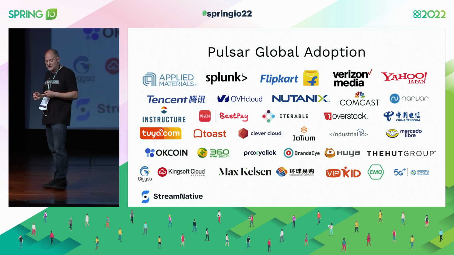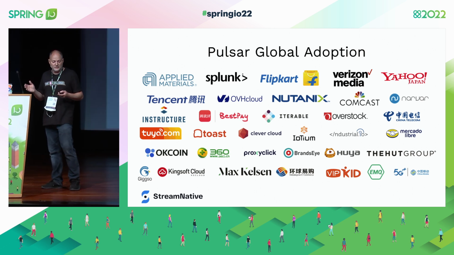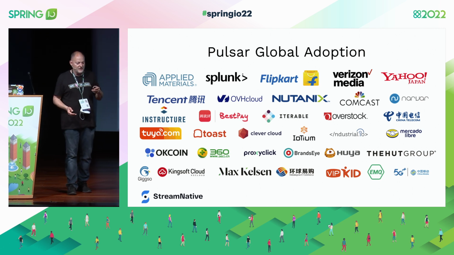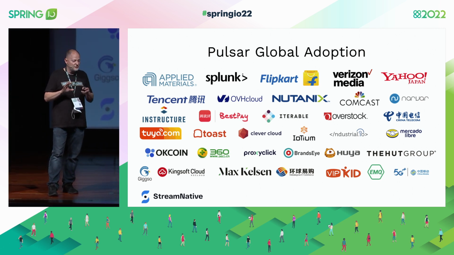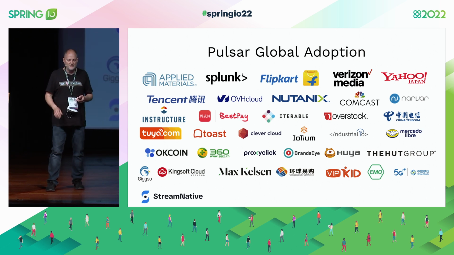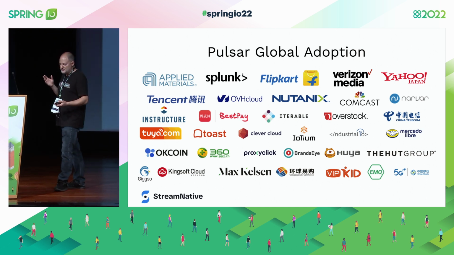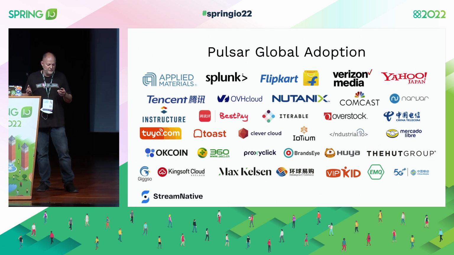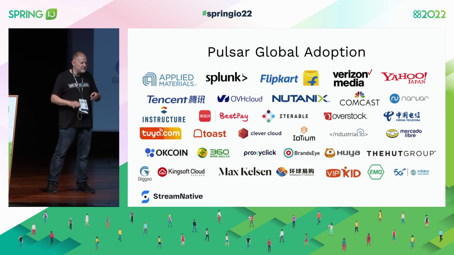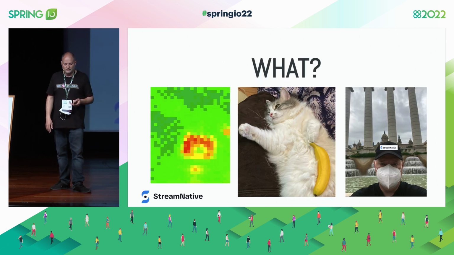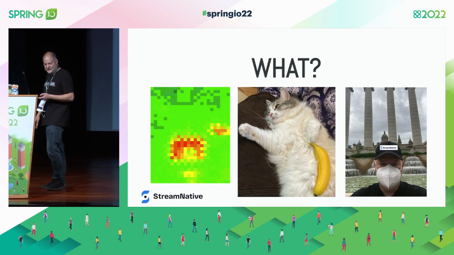You're not going to be the first company to do it. Some of them are quite large, like Splunk, like Comcast. These are pretty big companies that are pushing through some pretty big workloads, whether it's messaging or streaming or both. It's nice to be able to have a high-performance place to do both. Again, my cat, I throw him in there.